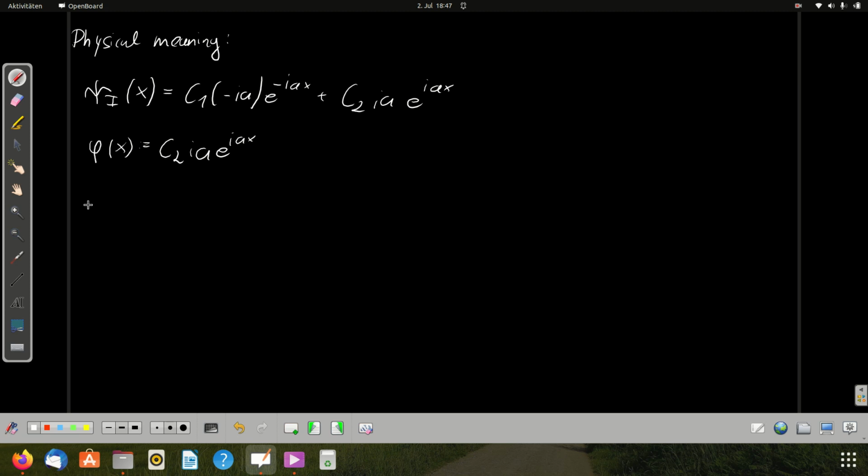Therefore, we have to apply the momentum operator to the wave function in such a way that we calculate the following integral. So these brackets here indicate that we are calculating an expectation value, and big phi star means the complex conjugate of big phi.